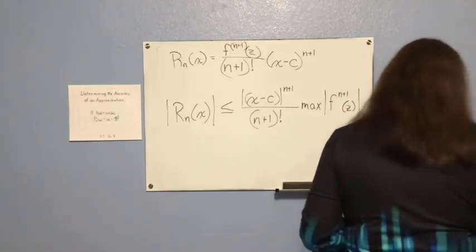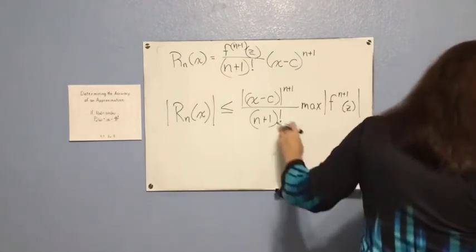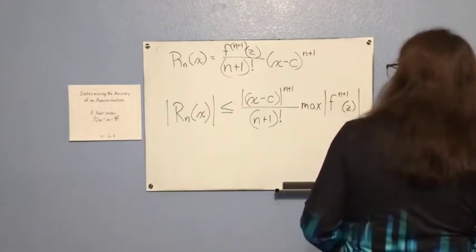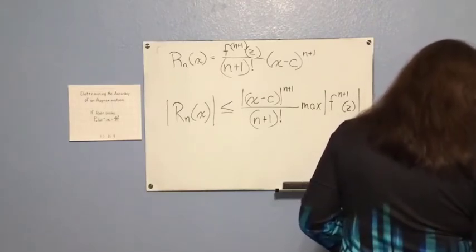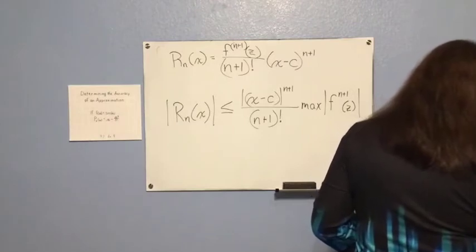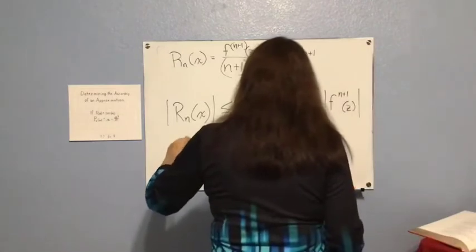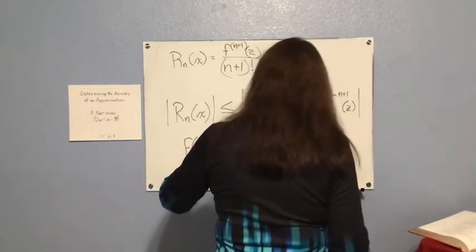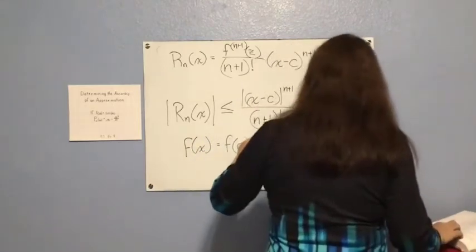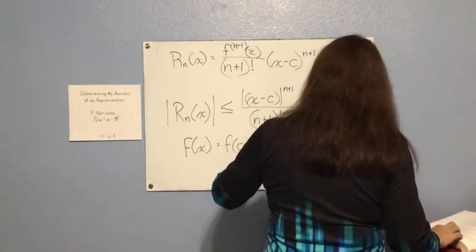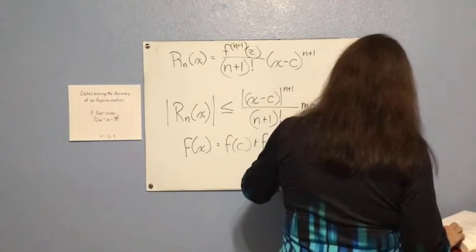Now if n equals 0, Taylor's theorem says that if f is differentiable in an interval I containing c, there exists a z between x and c such that f of x is equal to f of c plus f prime of z times x minus c.